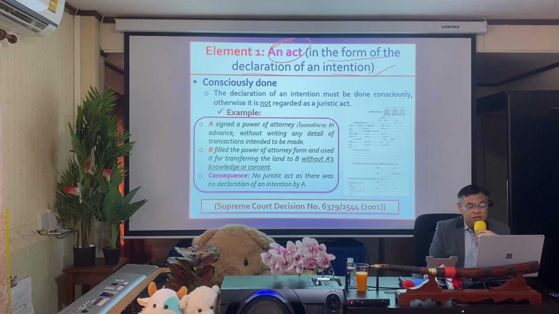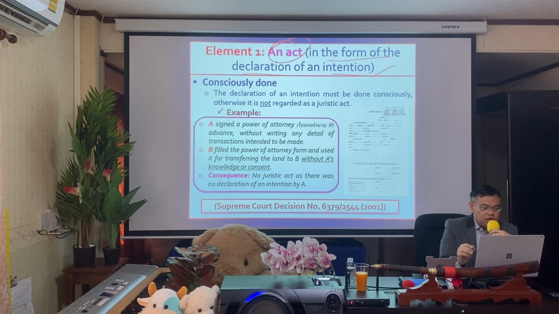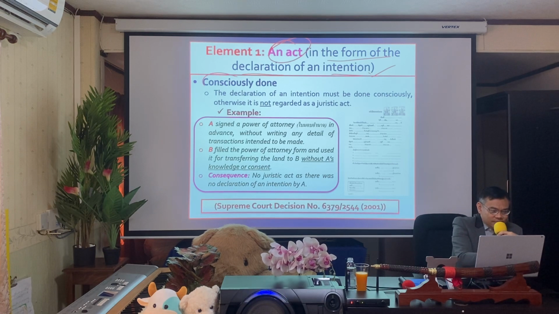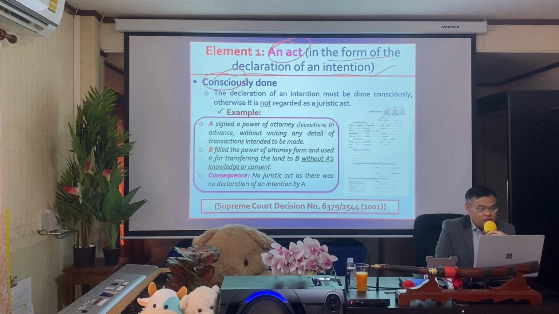Of course, this is a Juristic Act, so I need to have an act in the form of the declaration of an intention. The thing is that an act must be done consciously. If something is not done consciously, that is not regarded as an act.